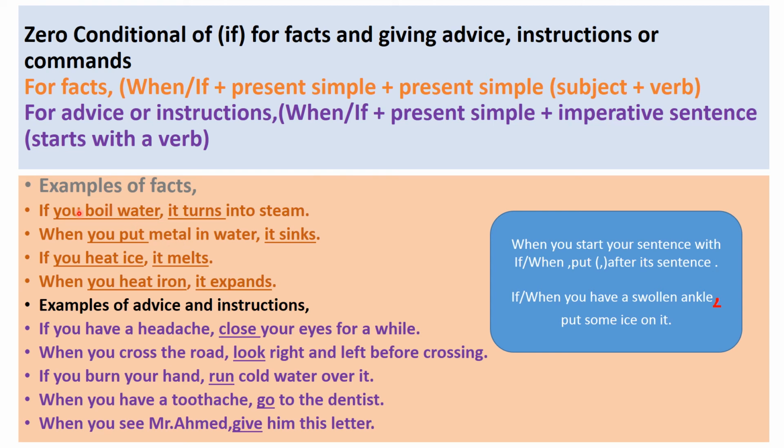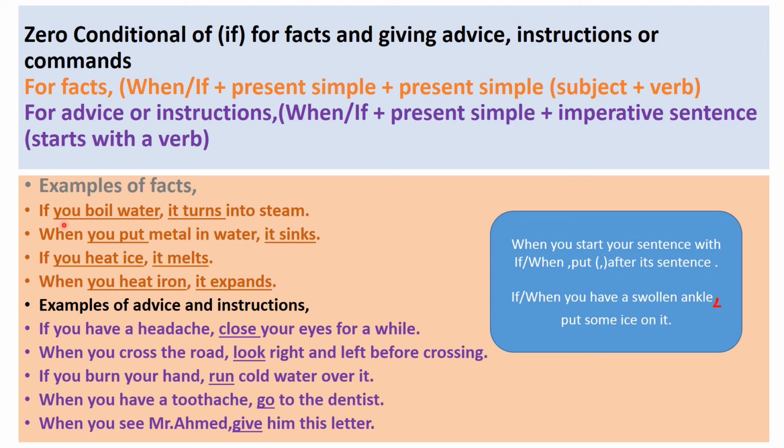Let's read the examples together. Examples of facts. For example, if you boil water, what happens? If you boil water, it turns into steam. So, you have a complete sentence after if.